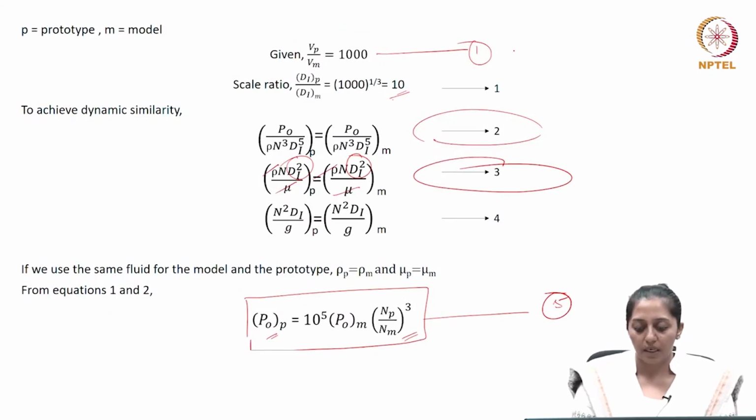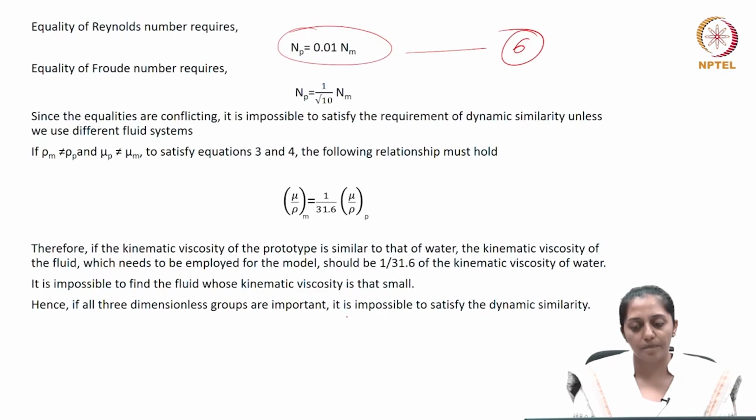So if you see equation 5, where the equality of power number was assumed, we saw that this is how power consumed and impeller speed can be related, and equality of Reynolds number gave you the correlation between the impeller speeds at the two levels as shown here.